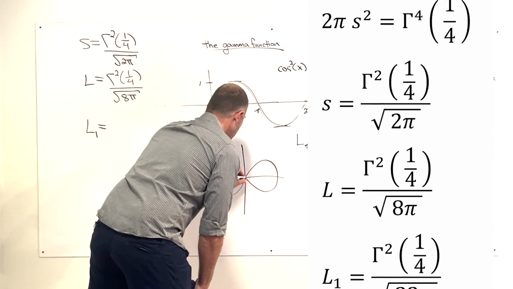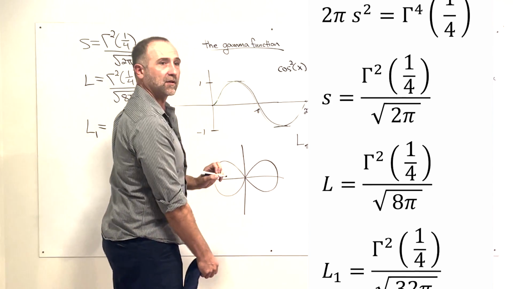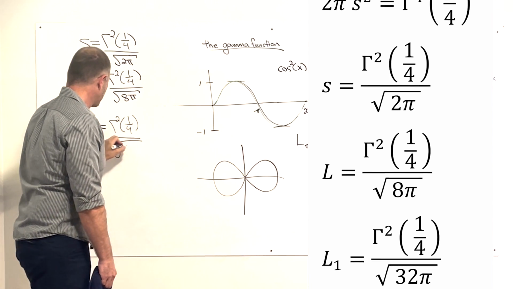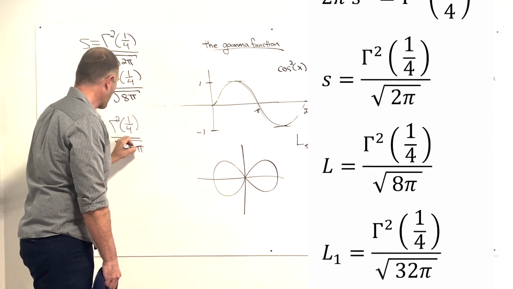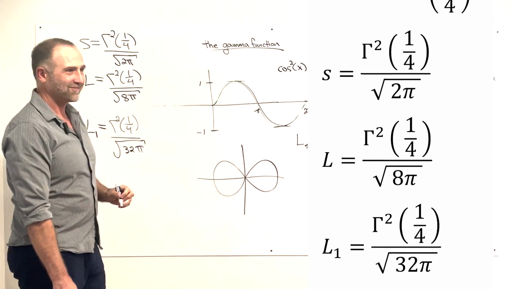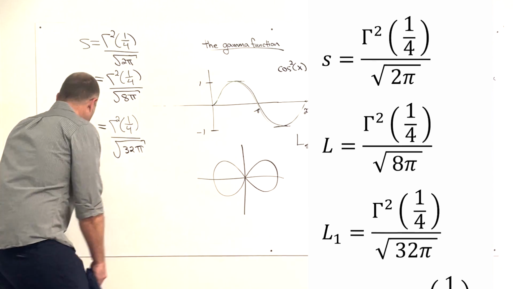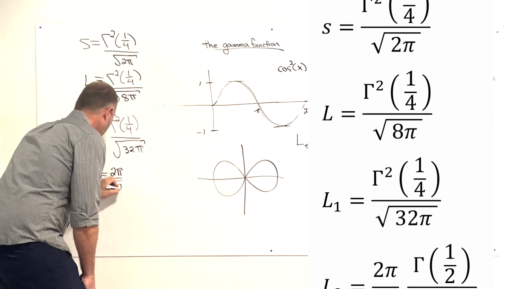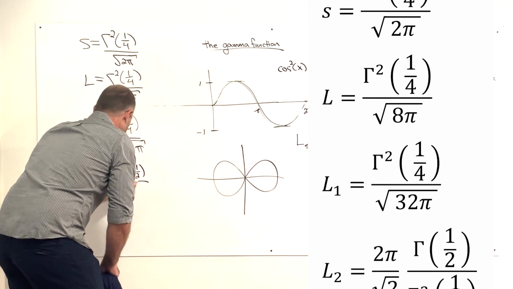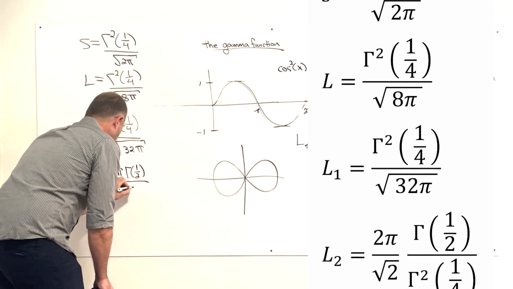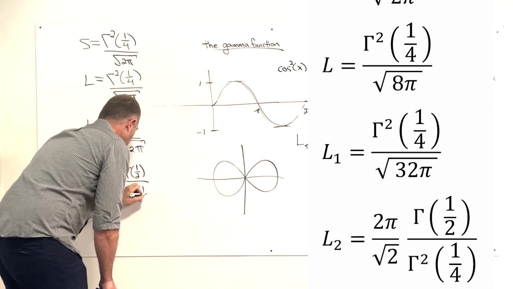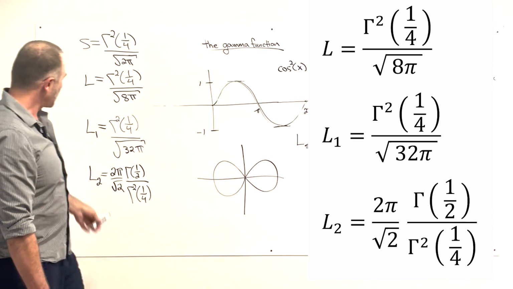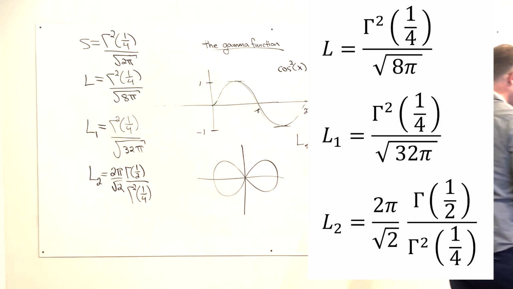So half the length is starting from the middle and you're doing one petal. Yeah, it's recursive. When you come back to 0, you have achieved a half. Well, at the crossover point, wherever it is. And then the last one, of 1/2 over gamma squared of 1/4. There. There's the 4 Lemniscate constants in terms of the gamma function.